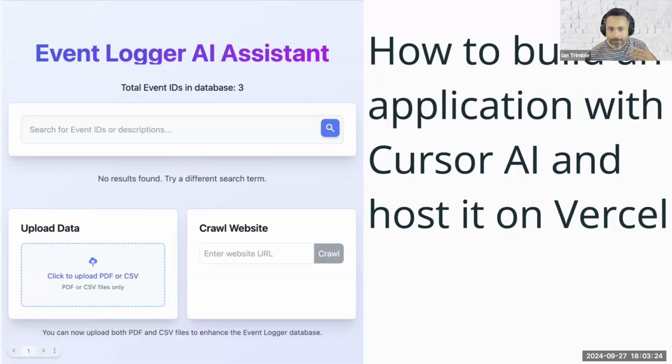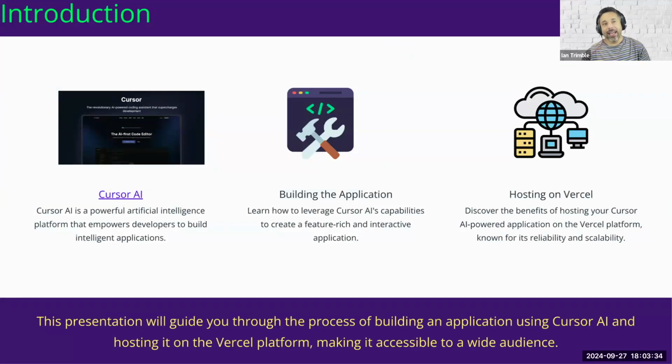Now, the good thing about this lecture is that you don't have to be a programmer, right? AI has really made a lot of strides in coding. And the tool we'll be using today is called Cursor AI. They say it's the AI-first code editor.